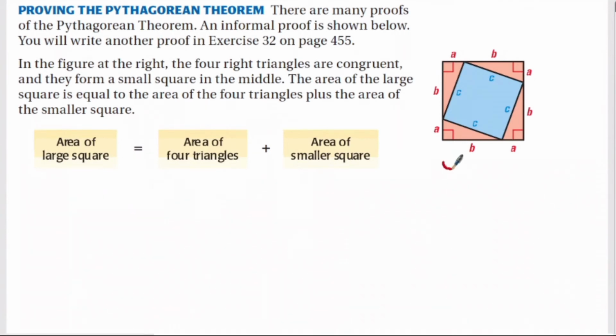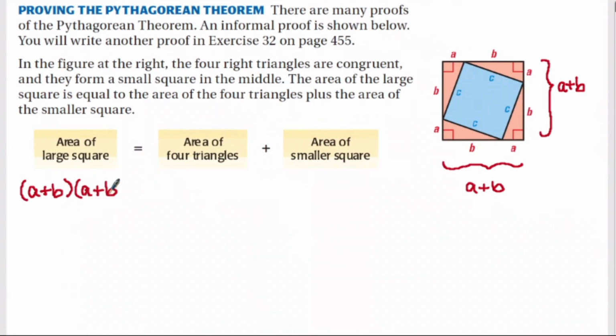The large square has dimensions of a plus b by a plus b, because it's a square. And so the area would be base times height, right? And all of those triangles are the same. They're all right triangles.